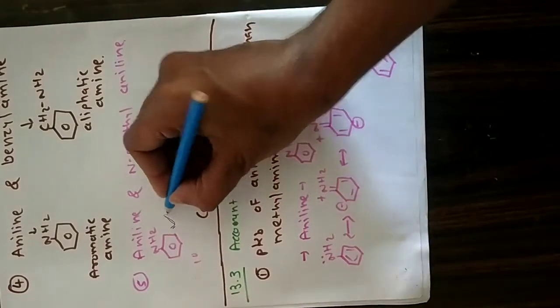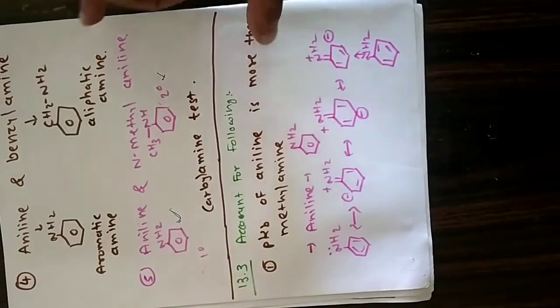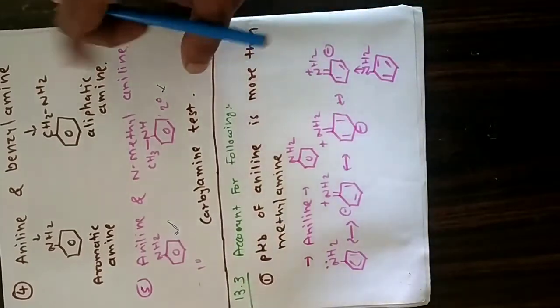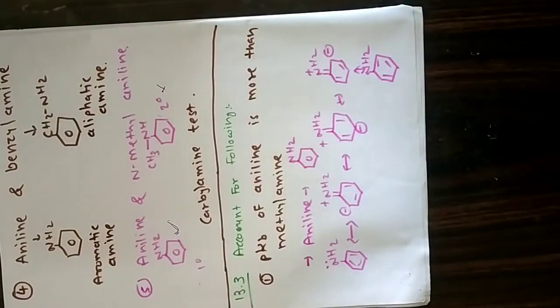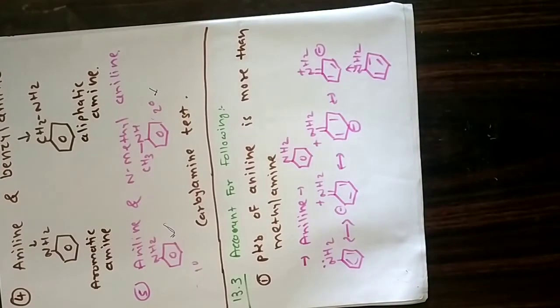Primary amine gives the carbylamine test. Secondary amine does not give. If such a question is there in a board exam, you have to write down the reaction also, like the previous one. Okay.